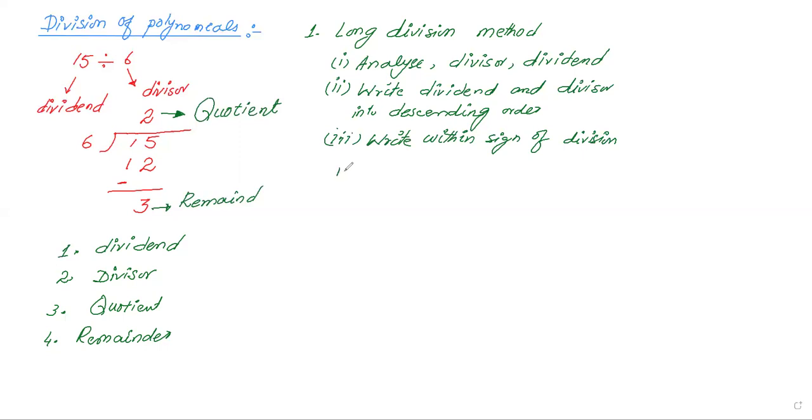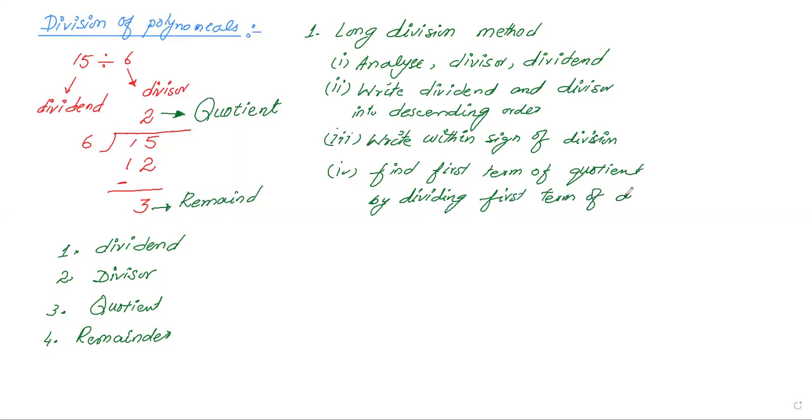The fourth step is to find the first term of the quotient by dividing the first term of the dividend by the first term of the divisor.